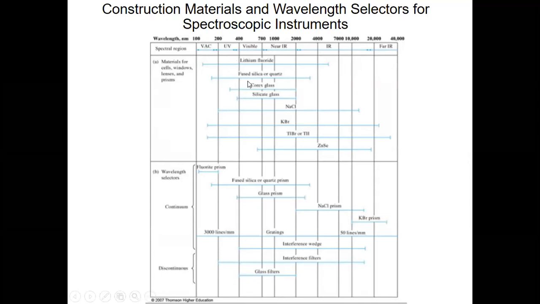So look here, lithium fluoride can be applied in this range. Fused silica or quartz, Corex glass. I mentioned UV: for the UV, we should have quartz cells, and for the visible, we can use glass. This is the reason. The silicate glass or Corex glass range lies between a little amount of UV and almost 400 to, let's say, 2000.